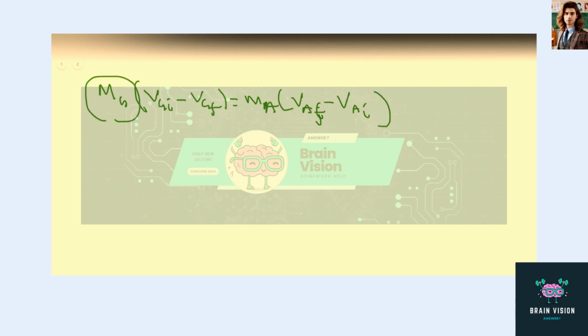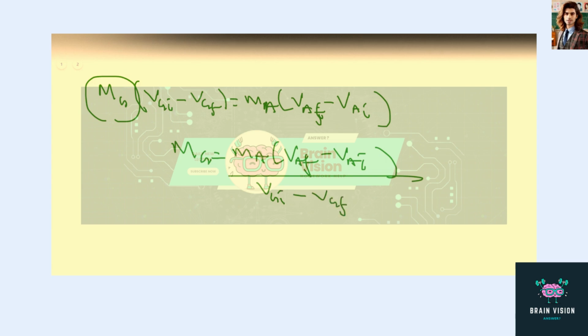And our goal is to solve for the mass of the canister. So this is MA times VA final minus VA initial. It's always a good habit to keep your variables up until the end. It just means that you're going to be less likely to have computational problems.